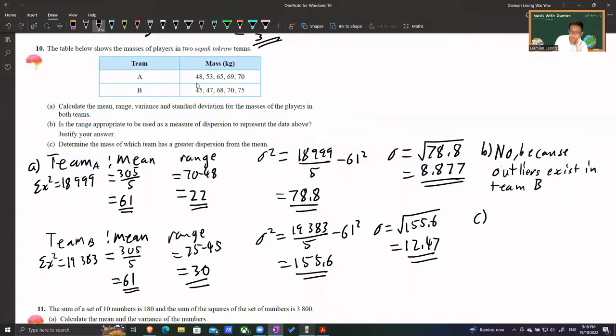So look at the dispersion. Whether you look at range, variance, or standard deviation, all of them, team B has a greater dispersion. That's for question 10 here.